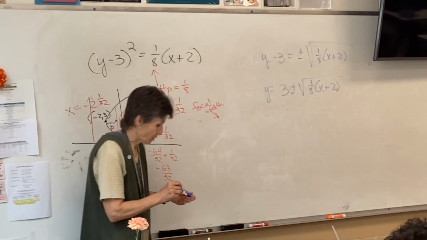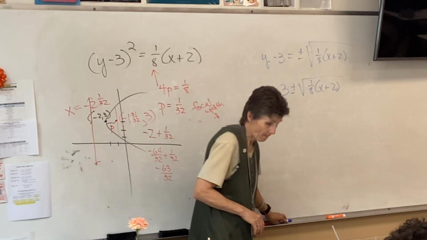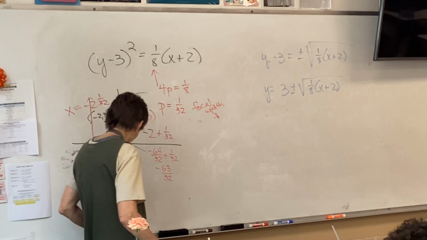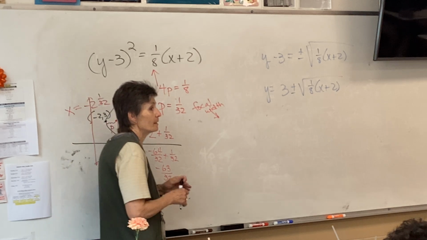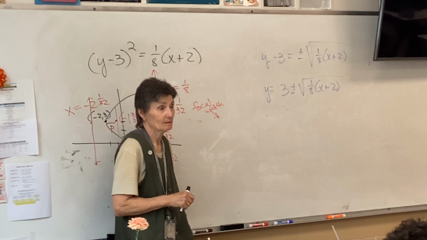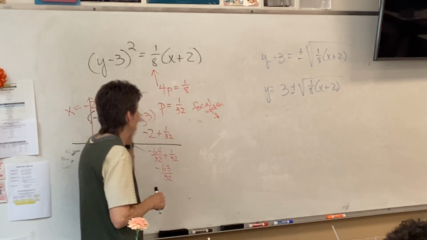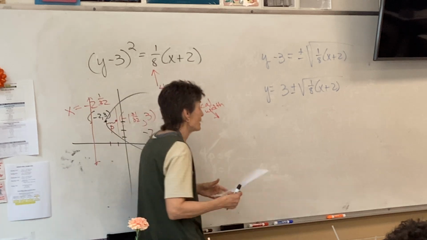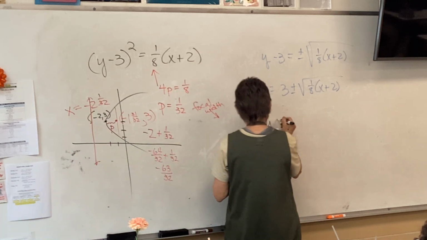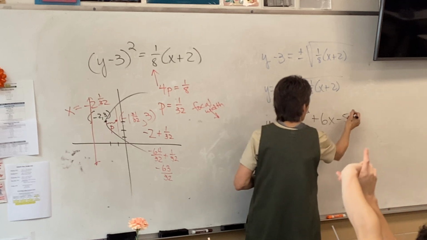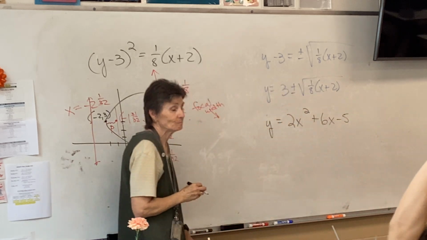All right, a couple more and we'll be done for the day. D. Is D a parabola? Unfortunately, it doesn't look like these other ones. So guess what we have to do? We have to make it look like that?